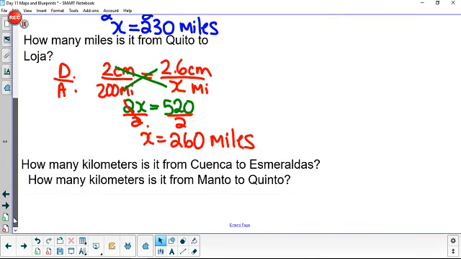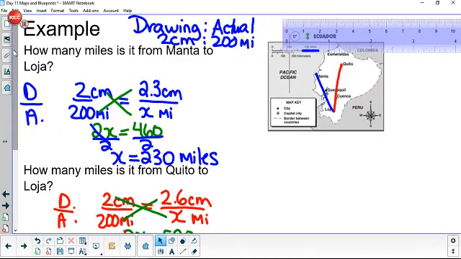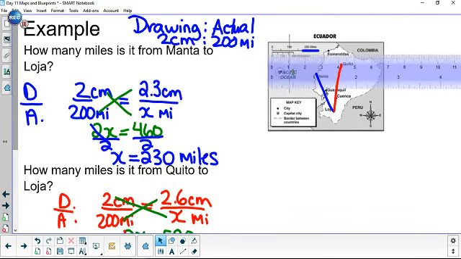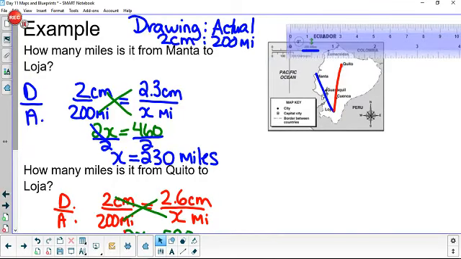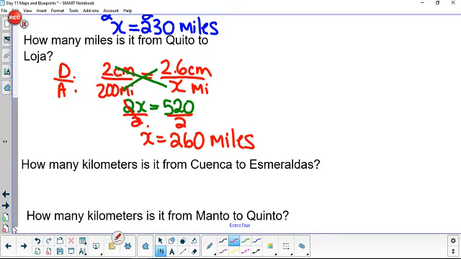Now, in the next two questions, you will see that it asks how many kilometers. The scale we were using in the previous two was the miles. So we go back here to the legend, and the kilometers is the bar below. So you'd go back and you would measure, and you would get that 1.2 centimeters is 200 kilometers. So that is the scale we are going to use down here. 1.2 centimeters on the map is 200 kilometers.